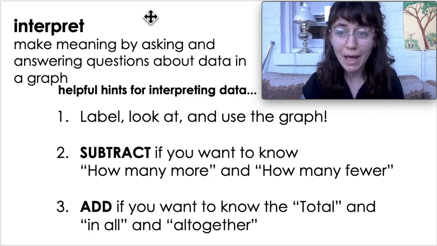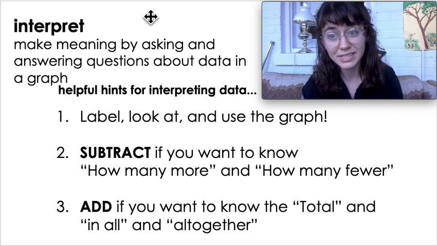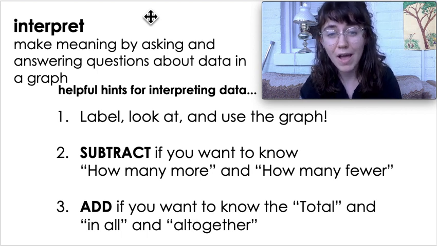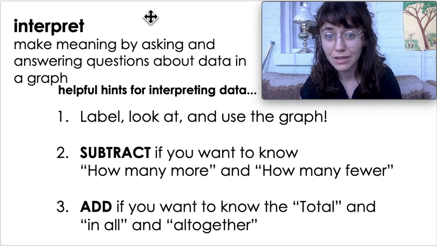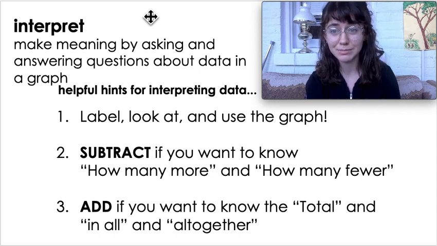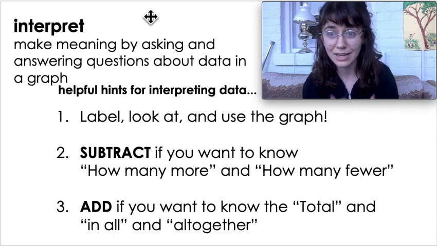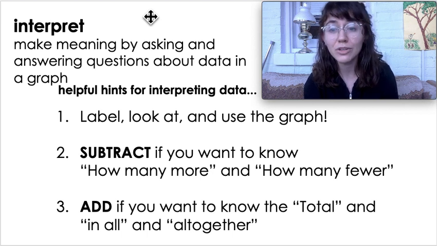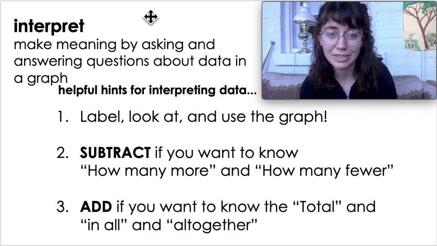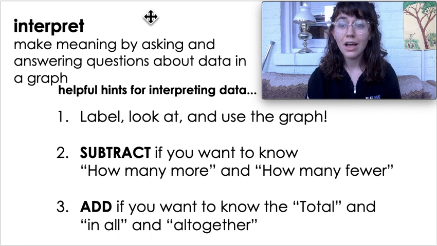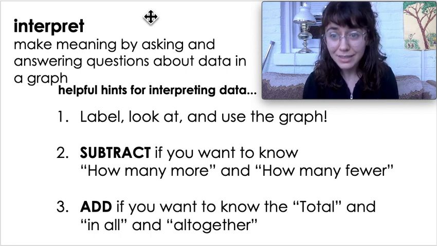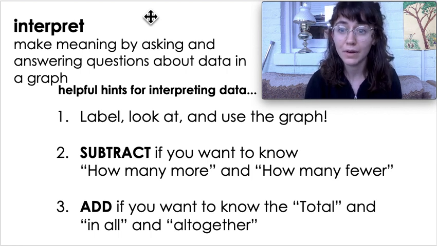Here are a couple of helpful hints as we work together and you work on your own on interpreting data. First of all, make sure you take some time to label, look at, and use the graph. So always go back to the graph whenever you answer a new question. Second, you always want to subtract if you want to know how many more or how many fewer.